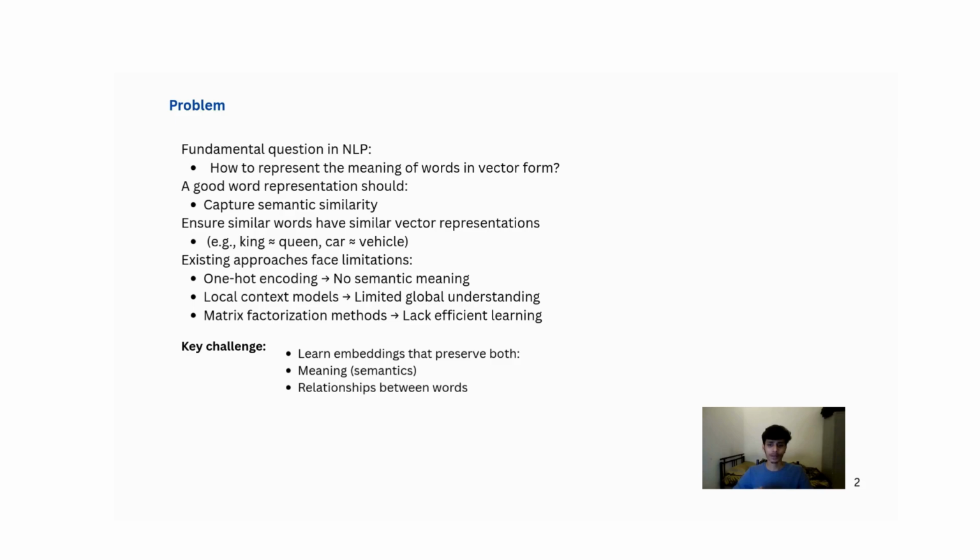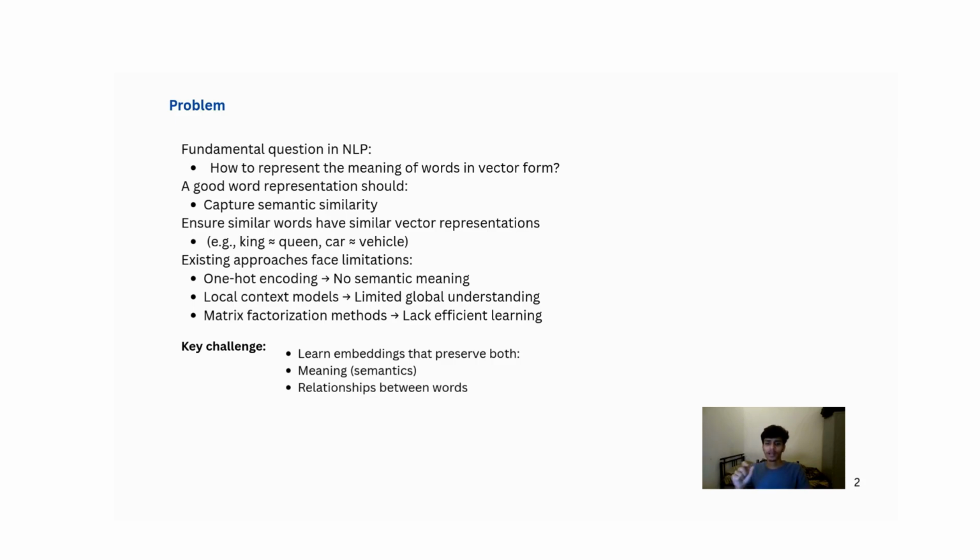First, it should capture semantic similarity. Words like car and vehicle should be close in vector space. Second, it should preserve relationships. For example, king minus man plus woman should result in queen, right? Third, it should be computationally efficient and scalable to large datasets.